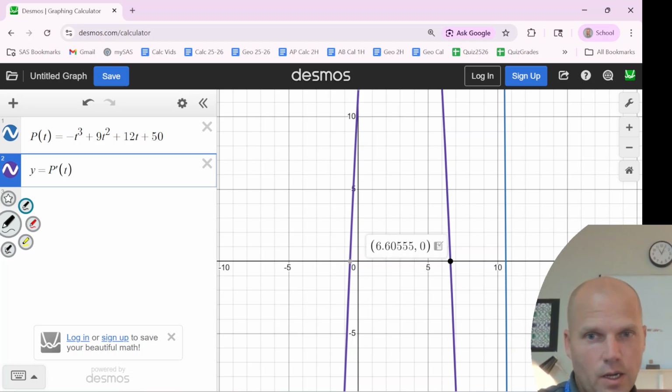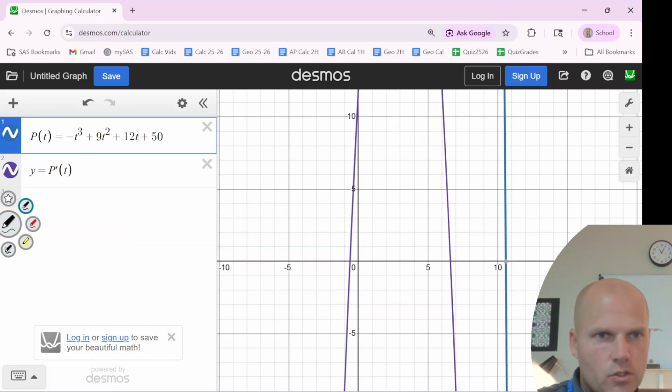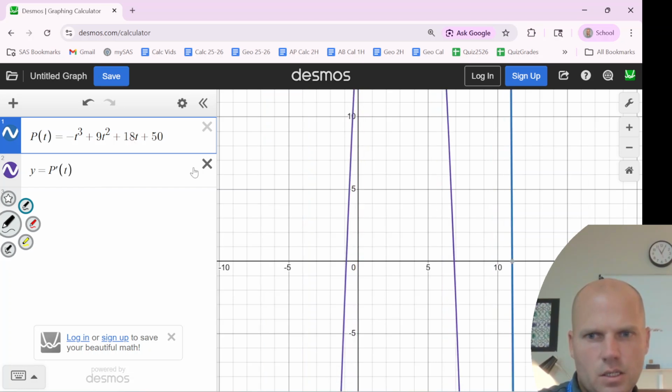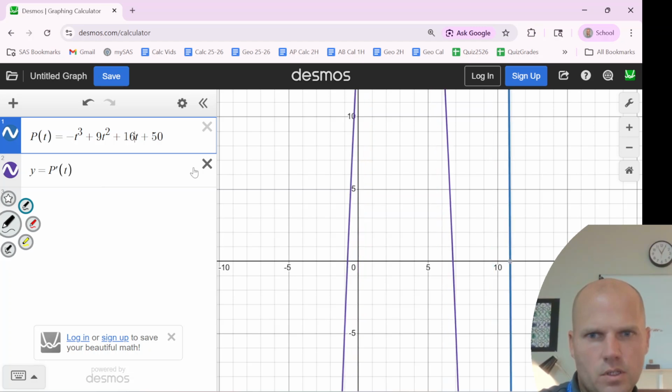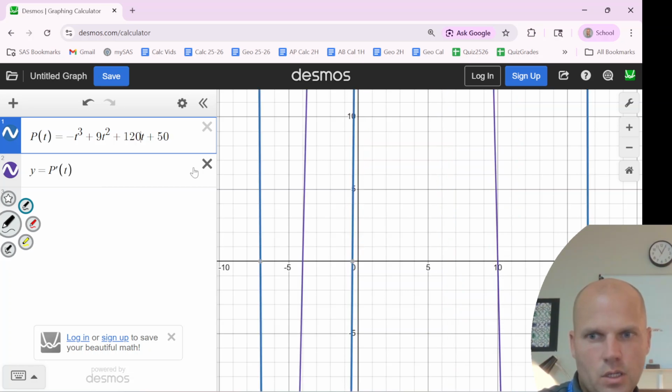Yeah, that doesn't work. We want it to be positive from 0 to 8. That's good. So I just need to change this. I think if I change this to 18, doesn't work. 16, 17, 18, 20.